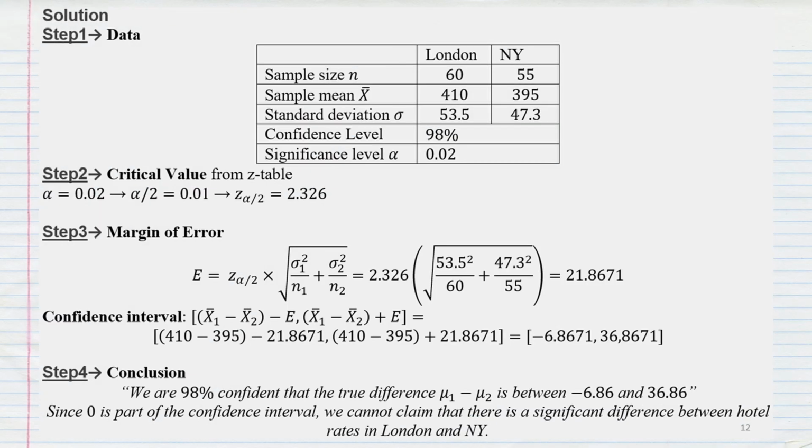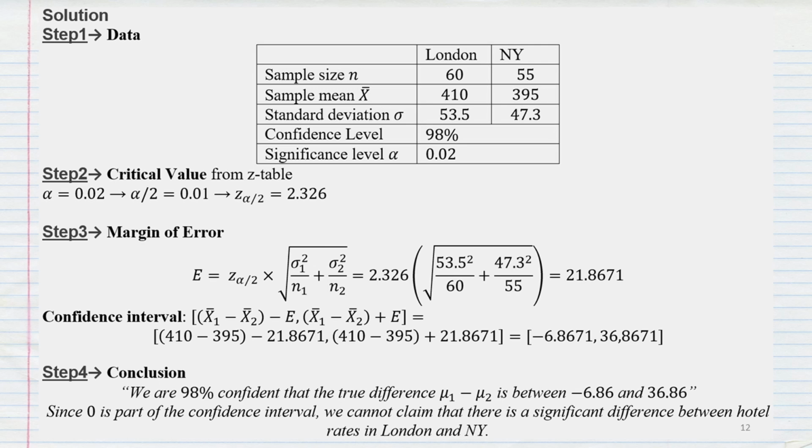Let's use the cheat sheet provided in the textbook to solve this problem. Step 1. Gather the needed statistics in a table form, as shown in the slide. Step 2. Find the critical value from the z-table using alpha divided by 2. Step 3. Calculate the margin of error as shown to find E equals 21.86714.